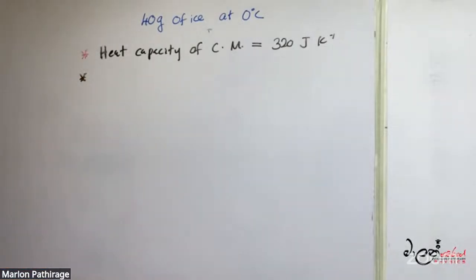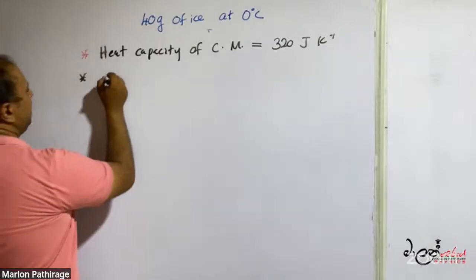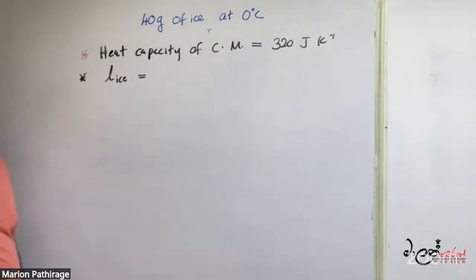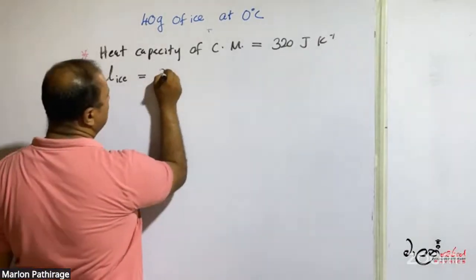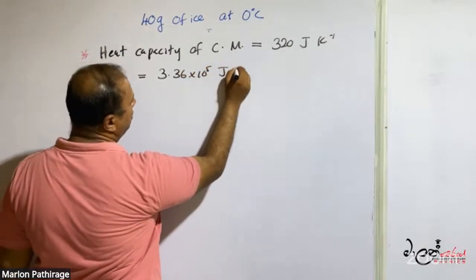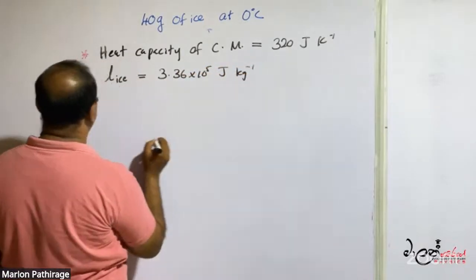Second, the specific latent heat of fusion of ice is equal to 3.36 into 10 to the power 5 joule per kilogram.